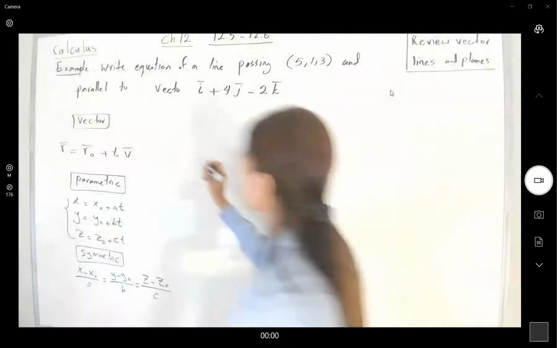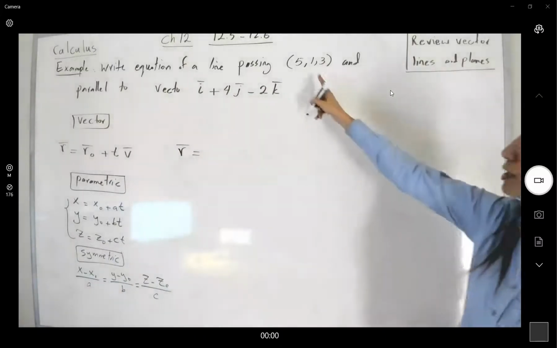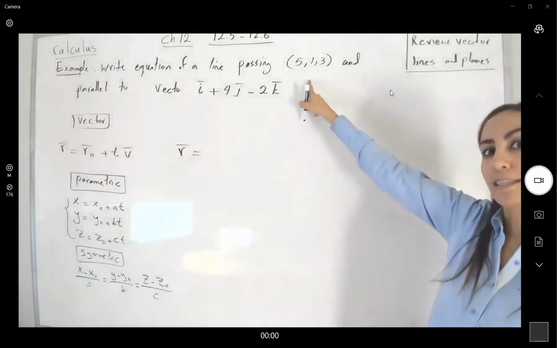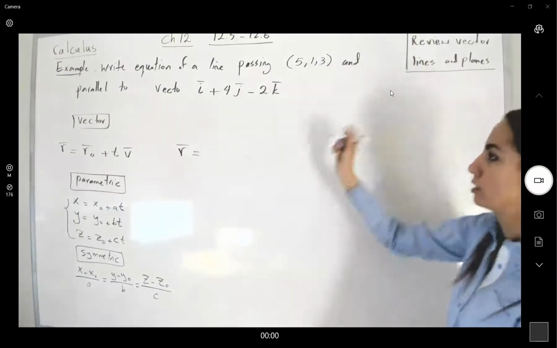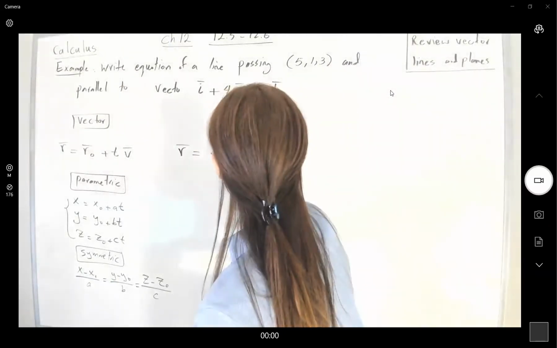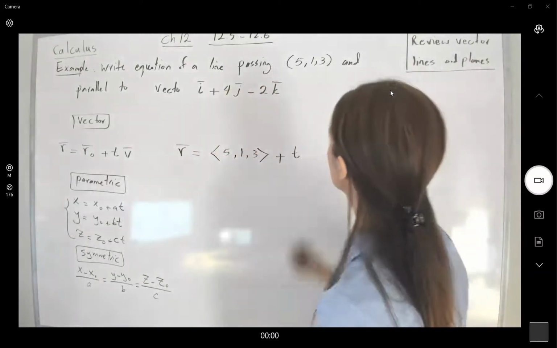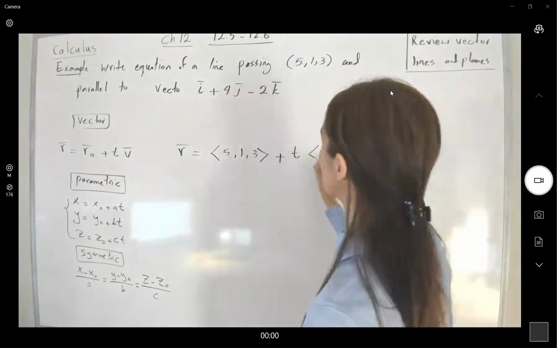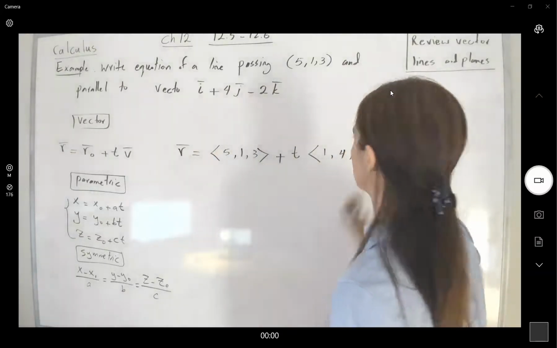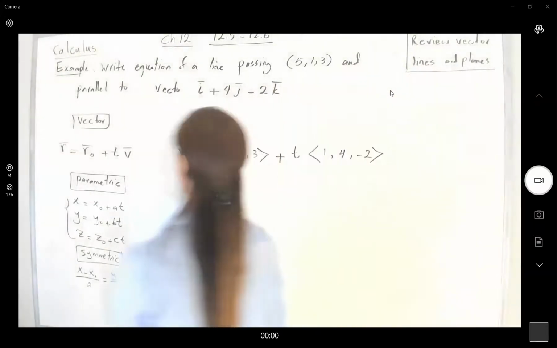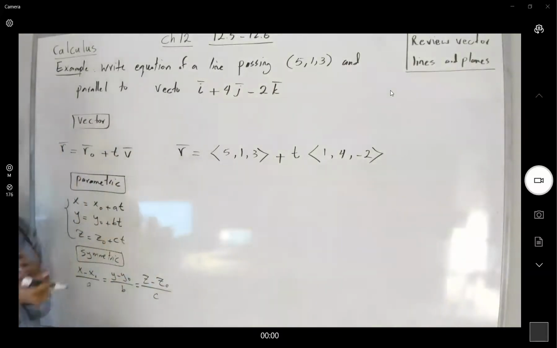Okay, so R is equal to R sub 0, which we need the vector starting from the origin and stopping at this point. So R is equal to 5, 1, 3 plus T times V, where vector V is 1, 4, negative 2. Okay, from the vector equation of the line, we can write the parametric equation of the line.